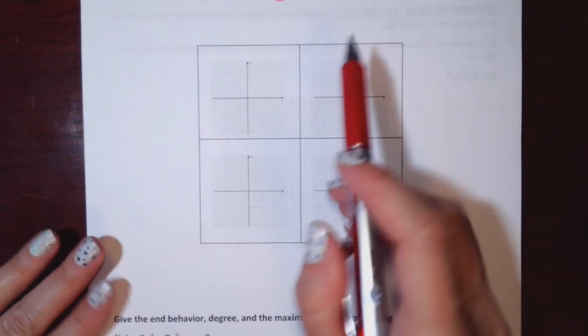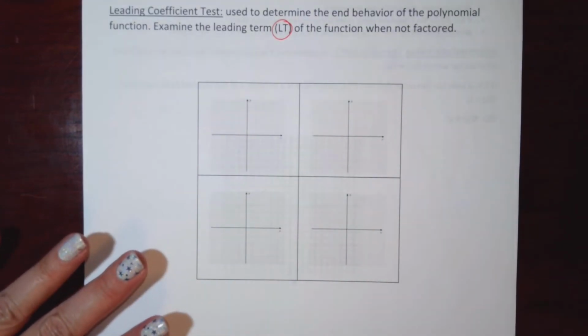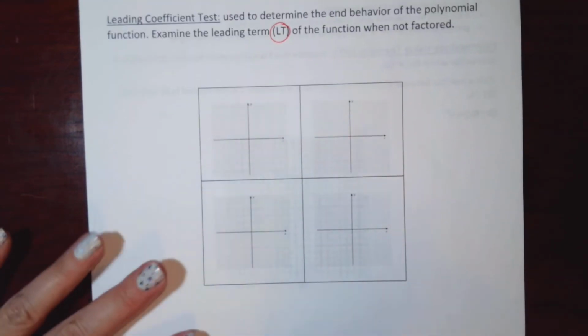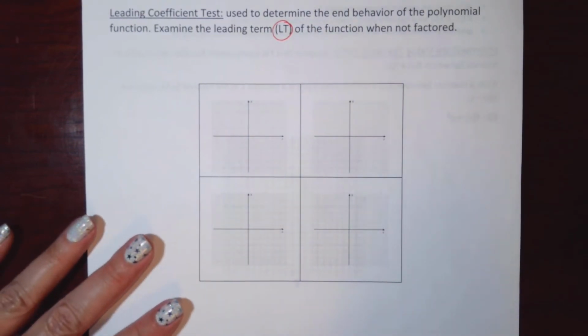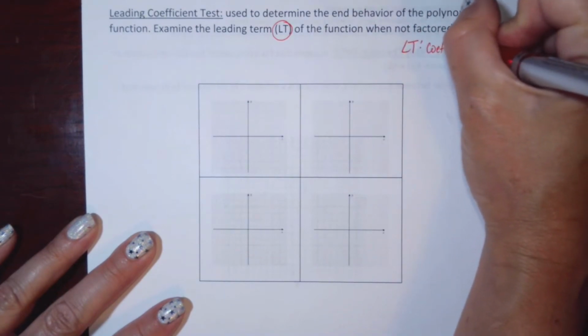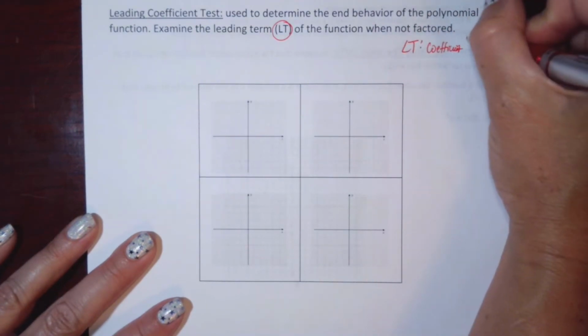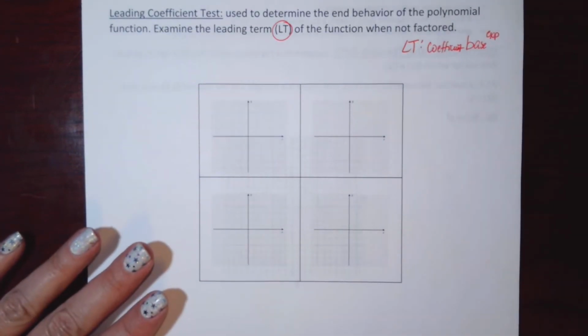So let's examine leading terms when the function is not factored to see what is going on with our end behavior. Now that leading term, like I said, has a coefficient, a base, and an exponent. Three pieces of information.